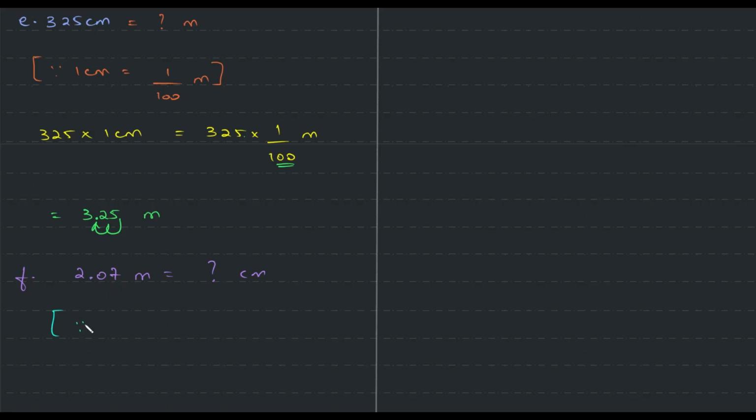So we know that 1 meter is pretty huge, so we are changing it to a smaller length. So this is 100 centimeters. And now we have 2.07 meters, which can be written as 2.07 into 1 meter. And in place of 1 meter, I'm going to write it as 100 centimeters because both are one and the same.